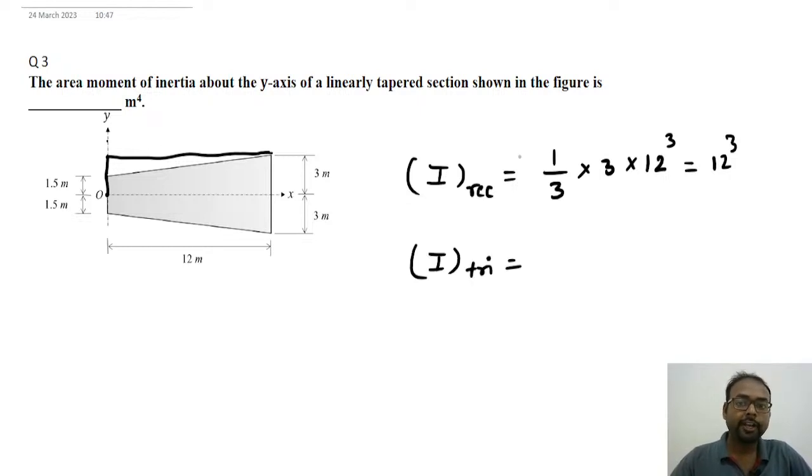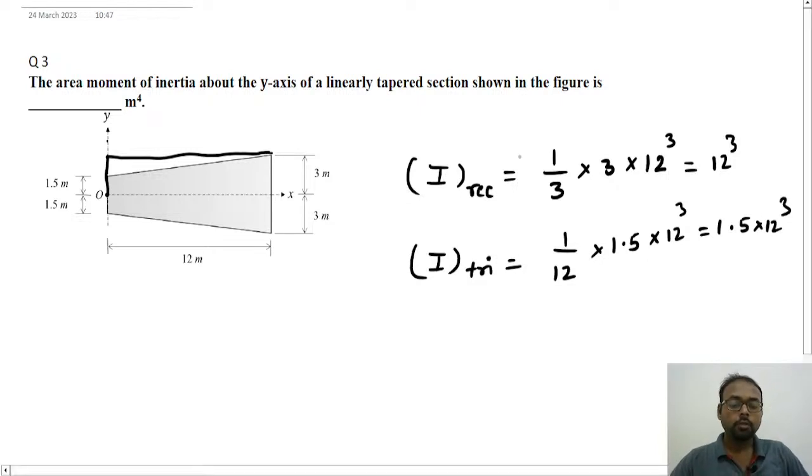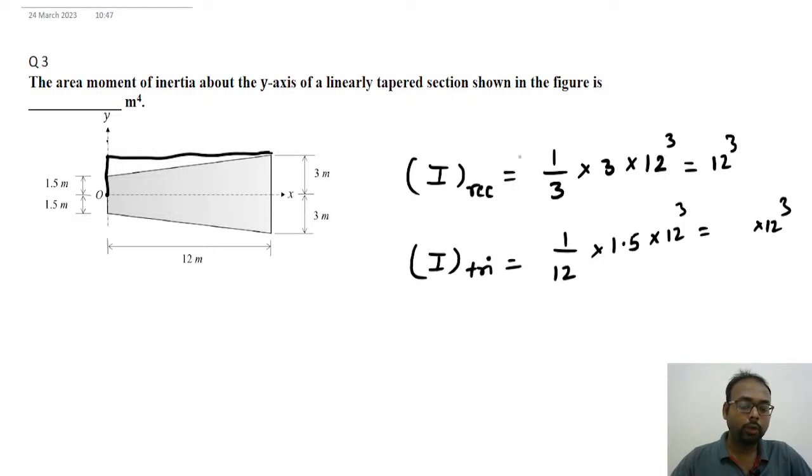The moment of inertia of this triangular section with respect to y is given by 1 by 12 into 1.5, which is this base length, multiplied by 12 cube. When we solve this, actually this is coming out to be 1 by 8, sorry, so 1 by 8 into 10 to power 12 to power 3.